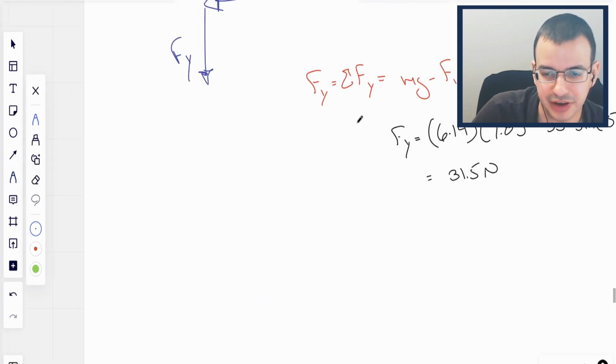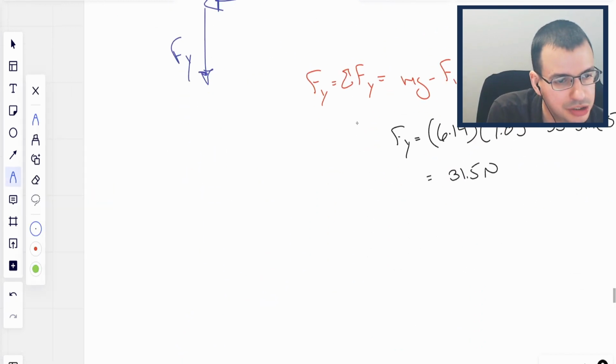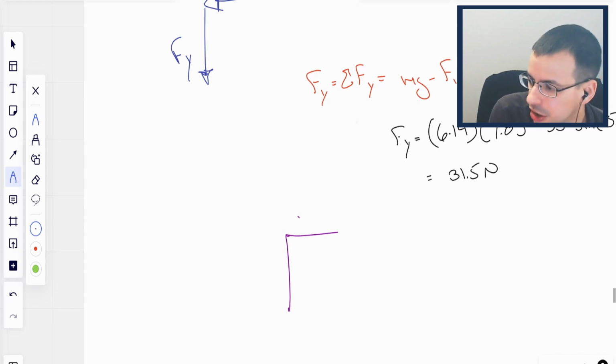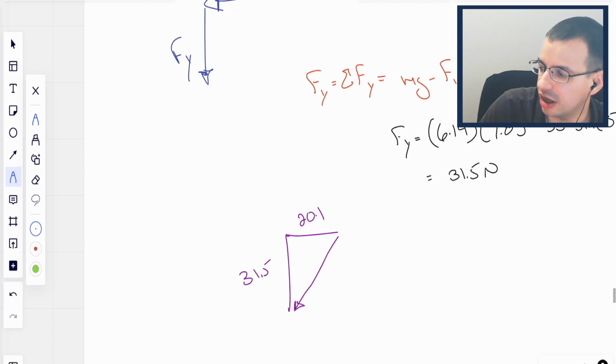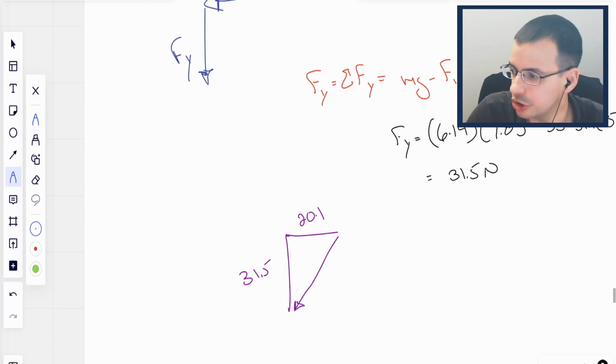They want the net force, so we're going to treat this as a vector. And so we're going to draw a triangle. This triangle is going to be 20.1, 31.5, and it's going to be this direction. So to find the magnitude, we're going to do a hypotenuse.